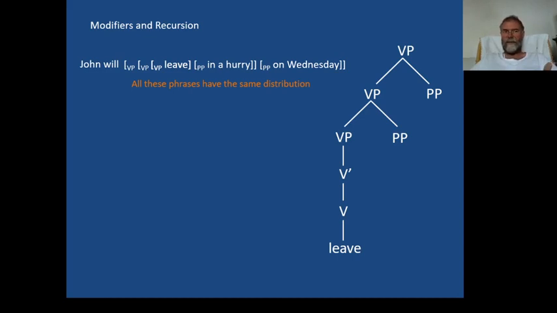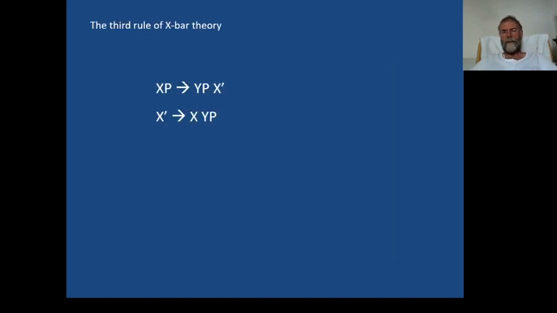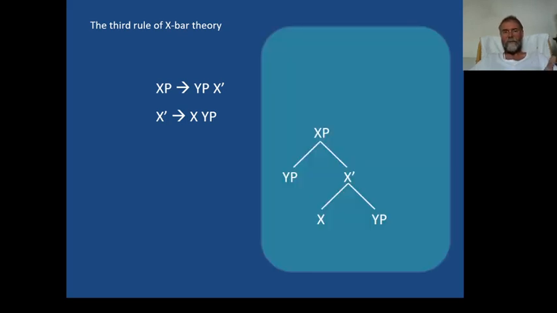Okay, so clearly then modifiers are recursive. Now that means that we're going to need another rule. Here are the two rules that we've already introduced. The first rule is the specifier rule, introducing the specifier in the X bar. The second rule is the complement rule, telling us how to expand the X bar into the head and the complement. Now we need another rule then to add the adjunct.